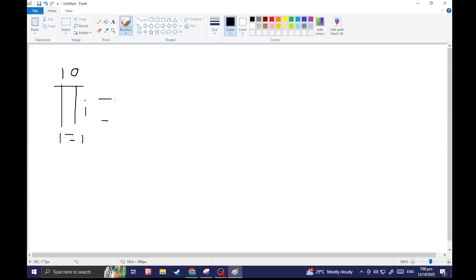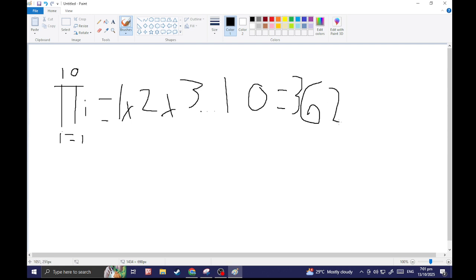So let's say 10. So it's 1 times 2 times 3 all the way up to 10. And this is equal to 3 billion, I think. 3 billion 62 million 88,000 and so on.